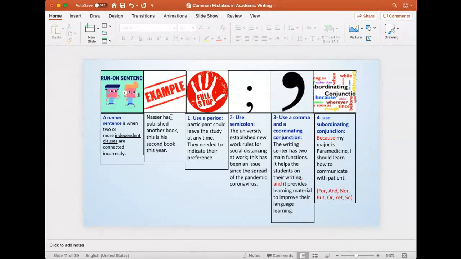The second: if we say, Nasser has published another book, comma, this is the second book this year. What do you think? Can we say that this is a true sentence? How can I correct this sentence?